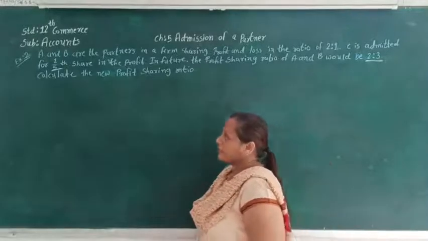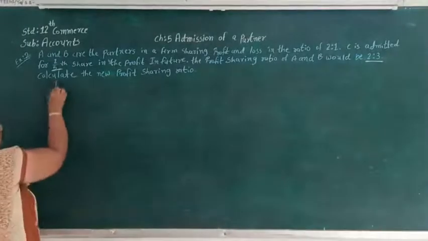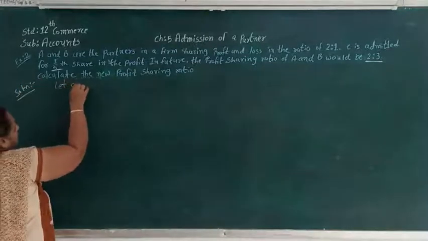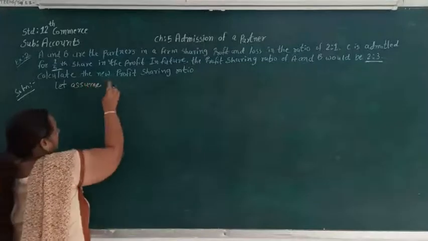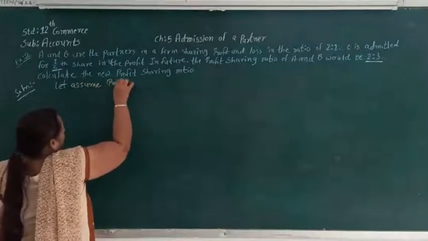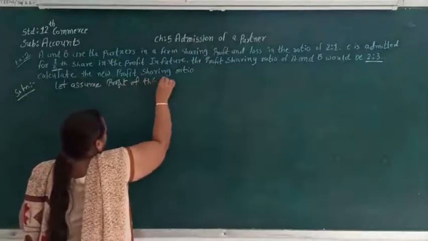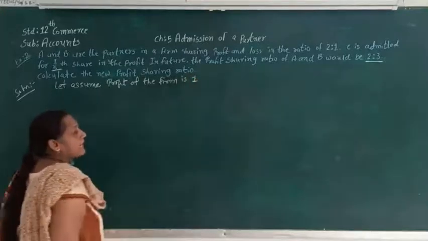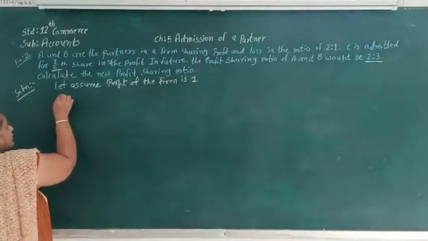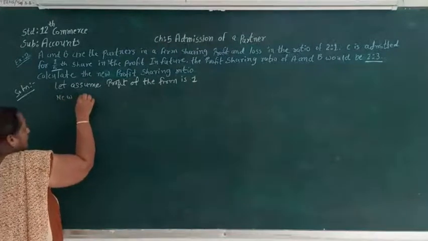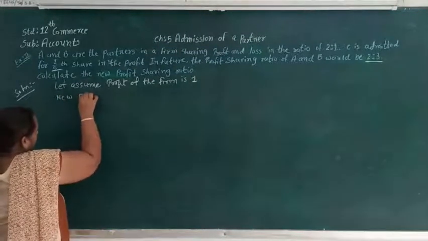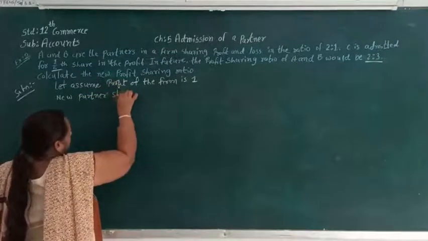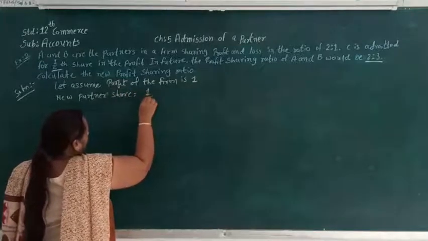So let's find out. For that, the very first thing, let's assume the total profit of the firm is 1, and the new entering partner C's share is equal to 1 by 5.